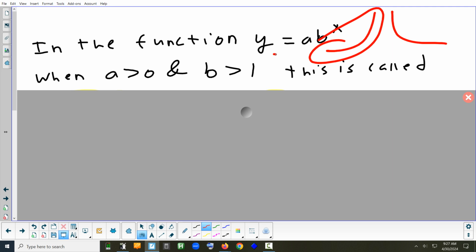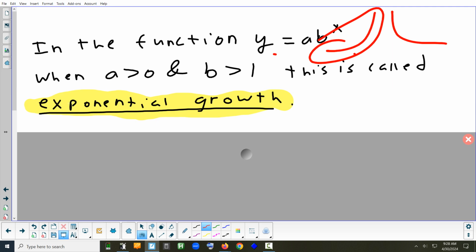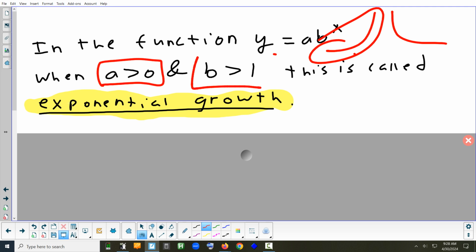It's increasing. Another word for increasing would be growing. So when you have a graph where the number for A is bigger than 0 and the number for B is bigger than 1, that's called an exponential growth graph.